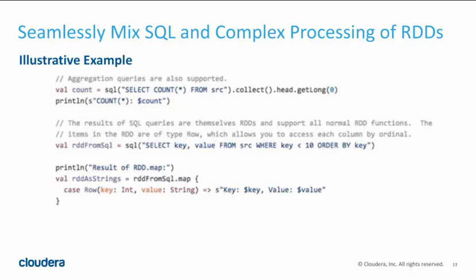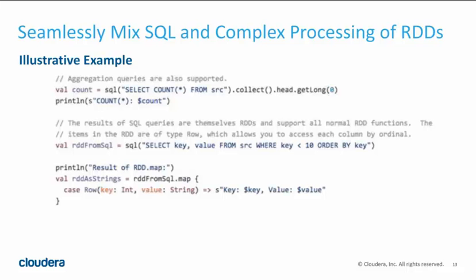The value of embedding these SQL statements in your application code is the ease of authoring your code, and also, as I mentioned, the ability to leverage a query optimization engine for optimizations in these SQL statements. And of course, the other advantage that is really compelling is the ability to interweave these embedded SQL statements along with fully arbitrary processing of your data as RDDs.